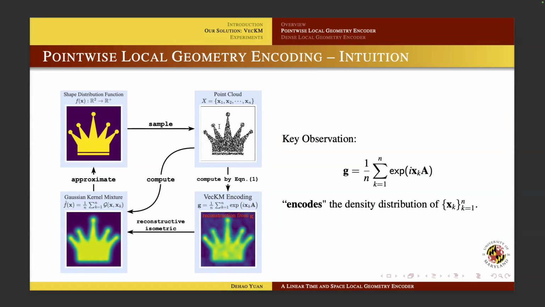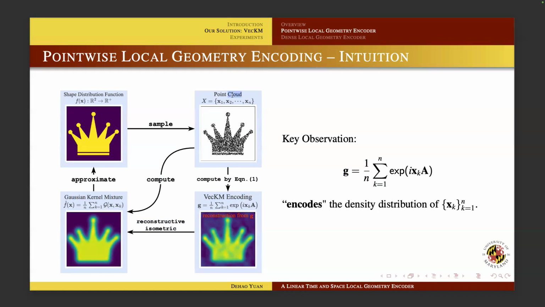Suppose you have a point cloud, you compute the encoding using this formula. This is a closed form formula. You will get an encoding that encodes the distribution of the point cloud like this. The major reason behind, as we will see later on, is that this encoding is basically vectorizing the Gaussian kernel mixture.